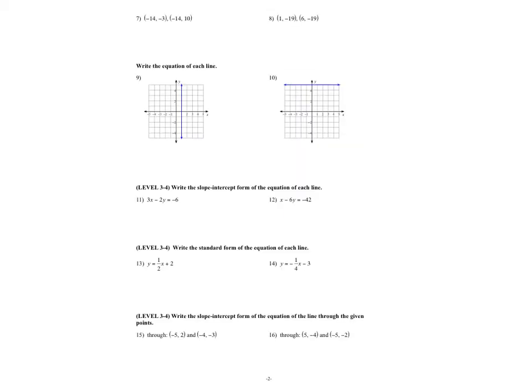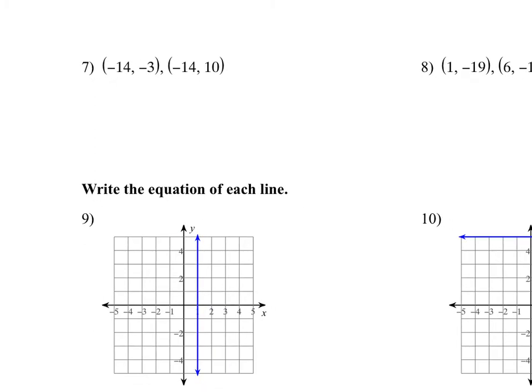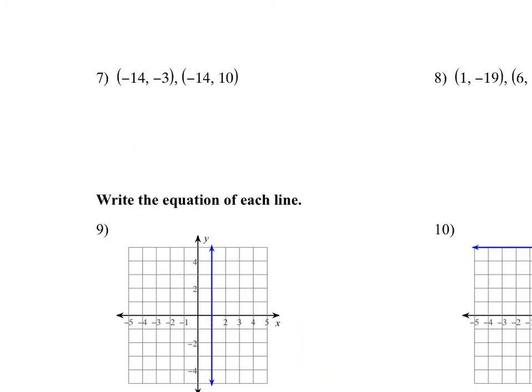Moving on. Okay. So again, I think the prompt was write the slope. So we want to find the slope of these two. Okay, well, slope is rise over run. Change in y's, so -3 minus 10 over -14 minus negative 14, right?